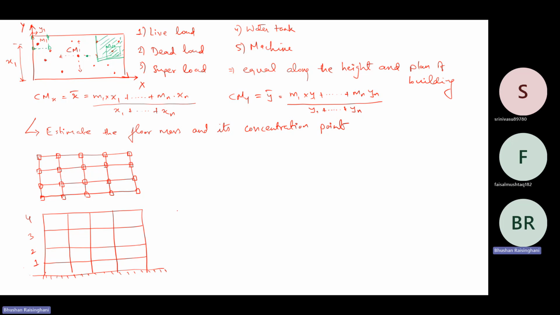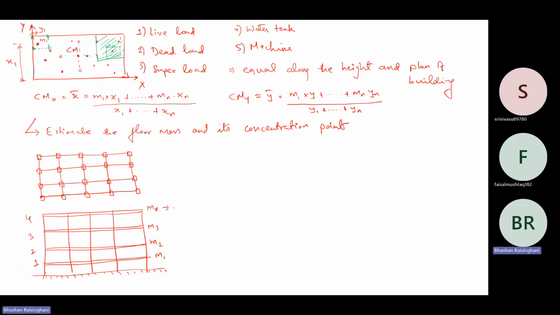So that's why it is five. Now we have to estimate whatever mass is generated at each floor. So we have to estimate whatever the mass is there. So that is case one, in which you will estimate M1, M2, M3, M4.